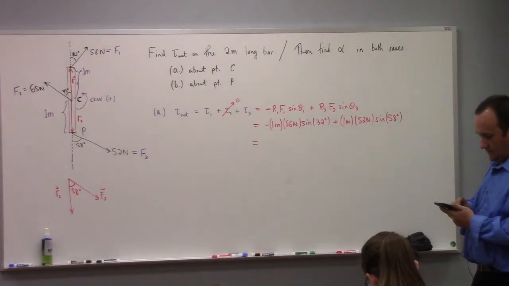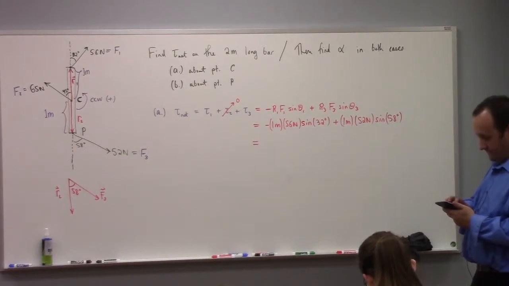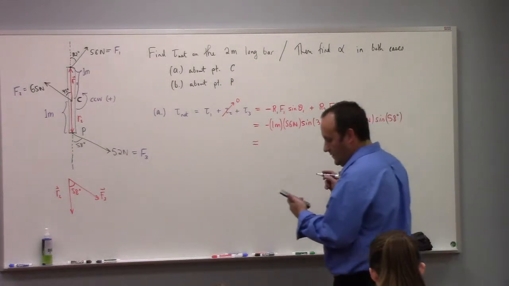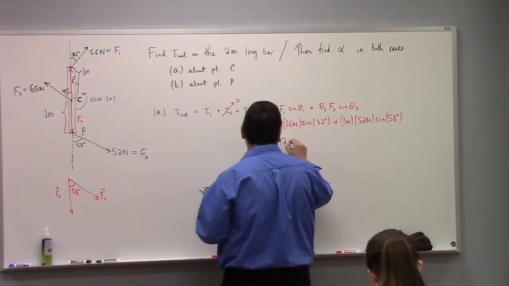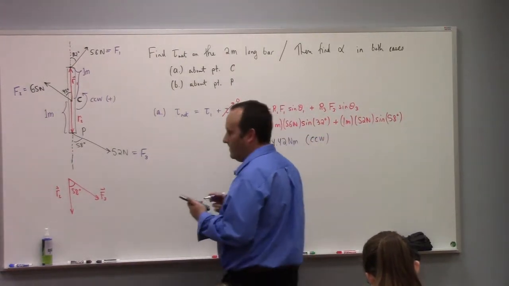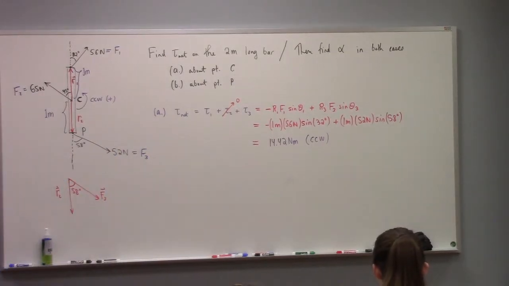I got 44.09. I get 14.42 newton meters. So that's counterclockwise, right? So that's the net torque about C.